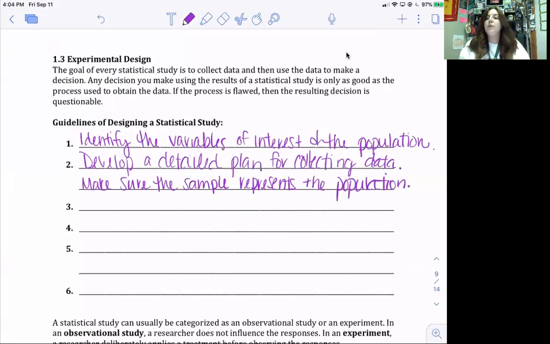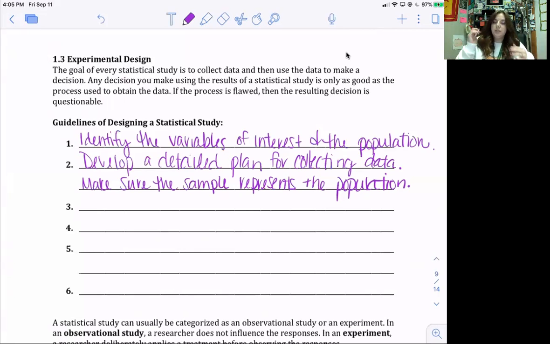Okay, so if we were wanting to do a study about Basehor Linwood High School students, we wouldn't want to create a sample of just our male students because that's not a good representation of the whole population. We would maybe instead want to do a small chunk of students from every grade level. So that way we're getting a whole representation of everyone.